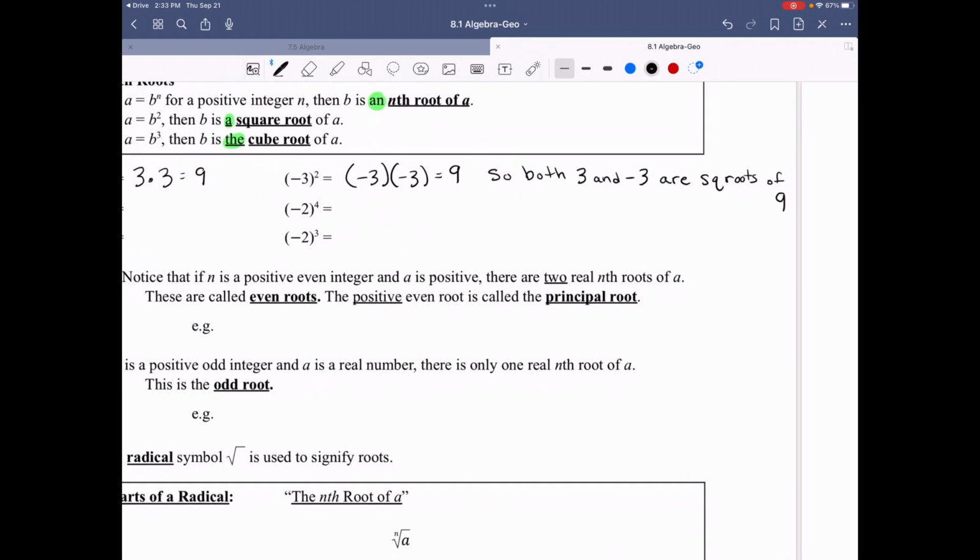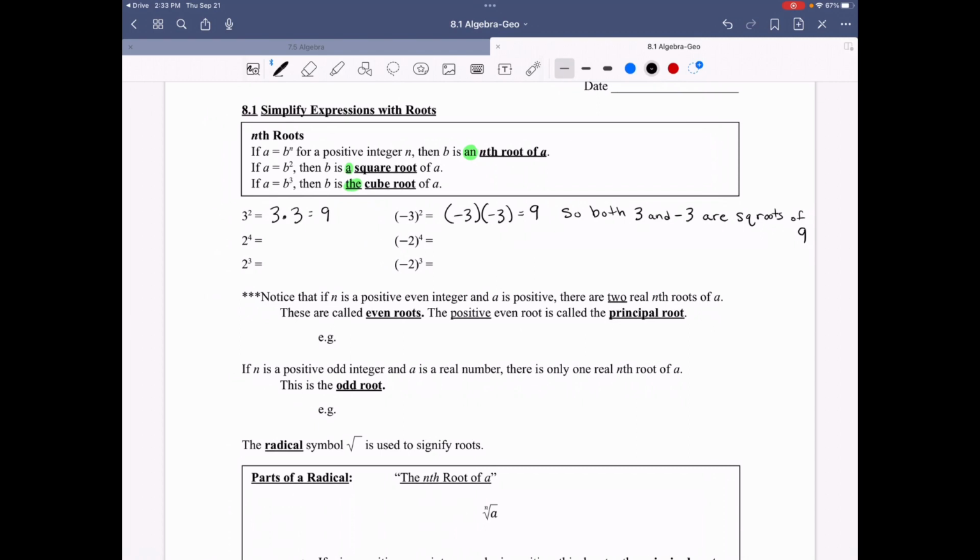All right, let's look at how that works with 2 to the 4th. 2 times 2 times 2 times 2. Well, 2 times 2 is 4, and so we have 4 times 4, which is 16.